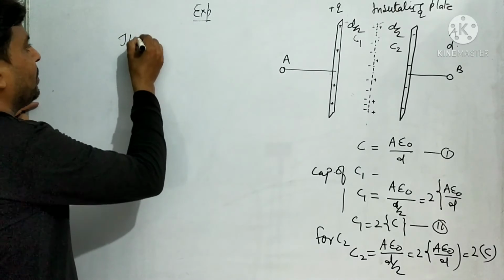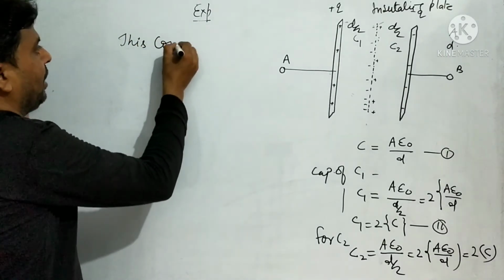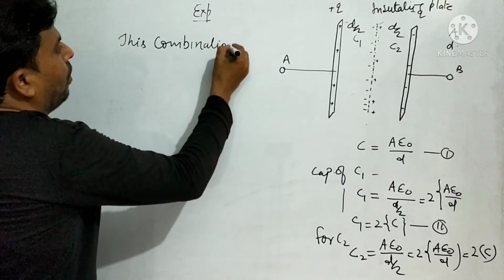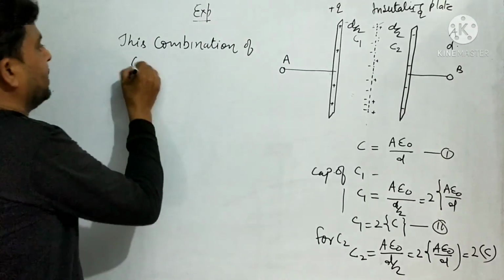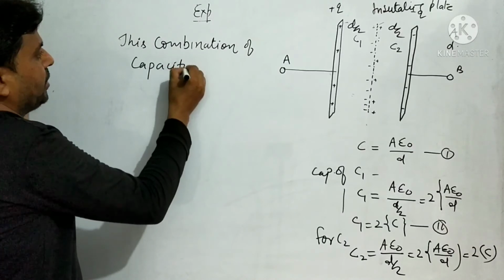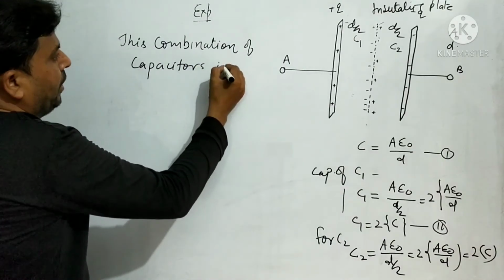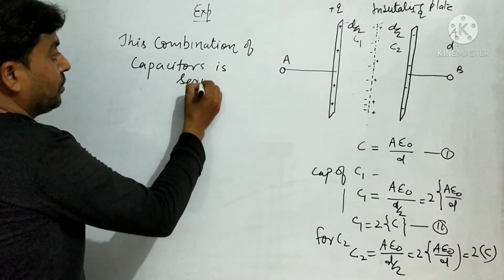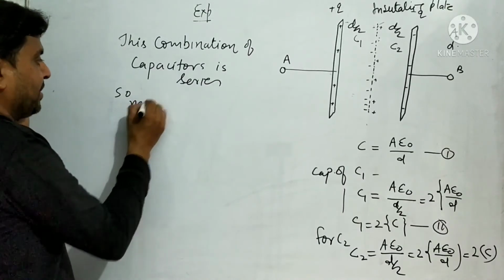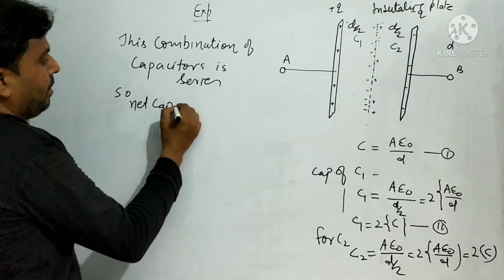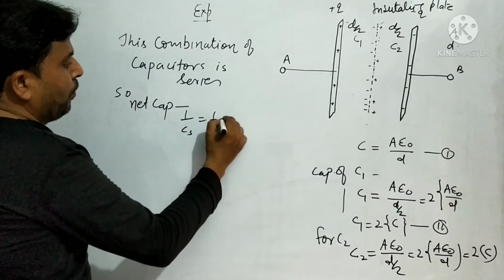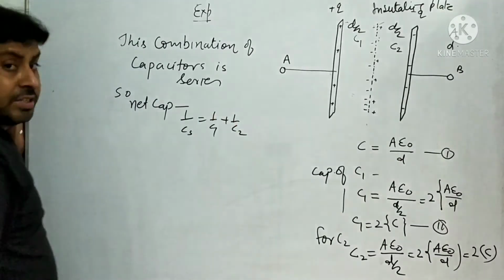This combination of capacitors is series. For series, the net capacitance is 1 upon Cs equal to 1 upon C1 plus 1 upon C2.